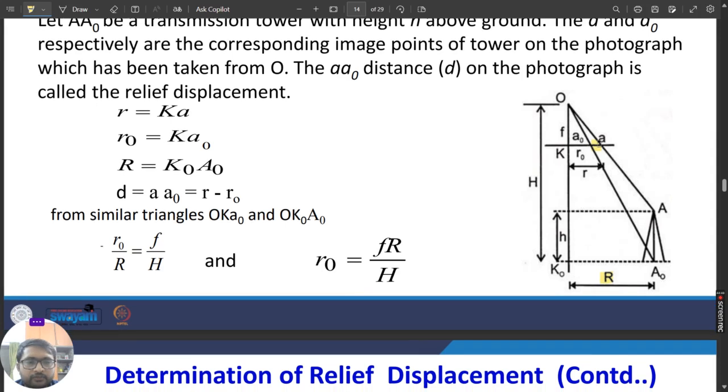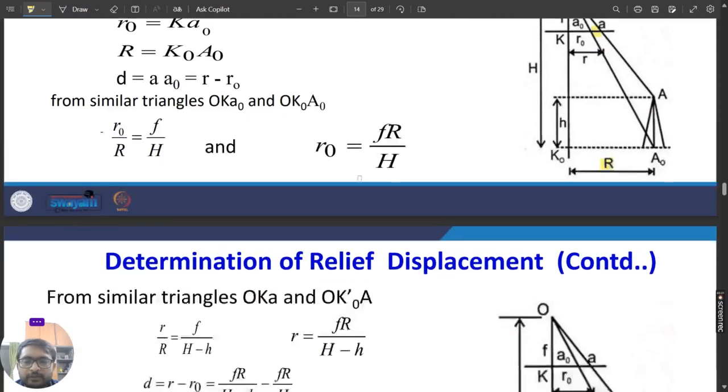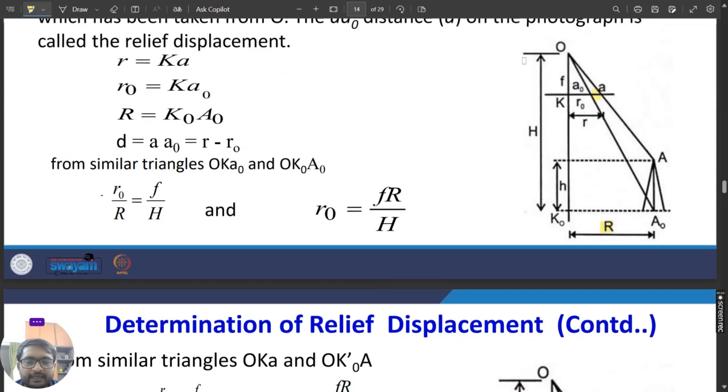Now the relief will be this height which we see in the photograph, which is small r minus r naught. We will use the similarity of triangles, basically these two triangles: triangle O, K, A naught, and triangle O, K naught, A naught, that is, this triangle and then the bigger triangle.